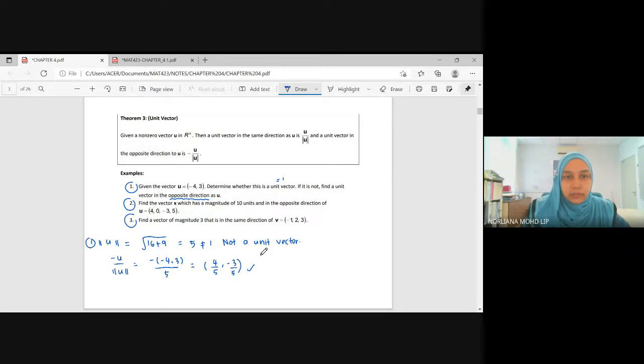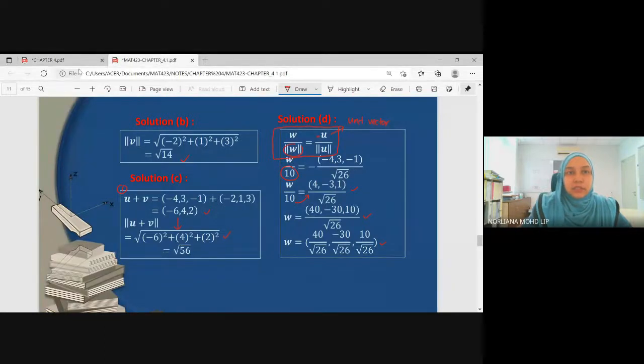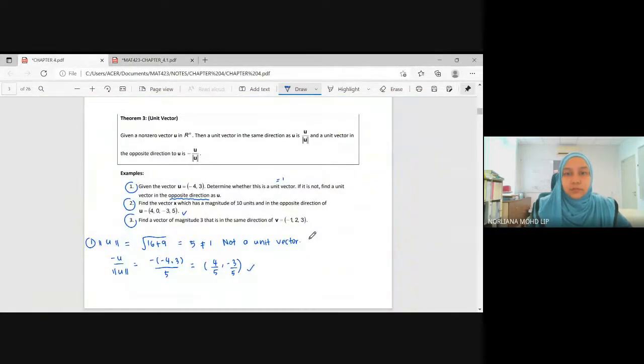Okay, number 2, find the vector x which has the magnitude of 10 and in the opposite direction of u. Same as the previous example. Number 2. So we have to find the magnitude of x, the unit vector: x over magnitude of x is equal to u over magnitude of u.